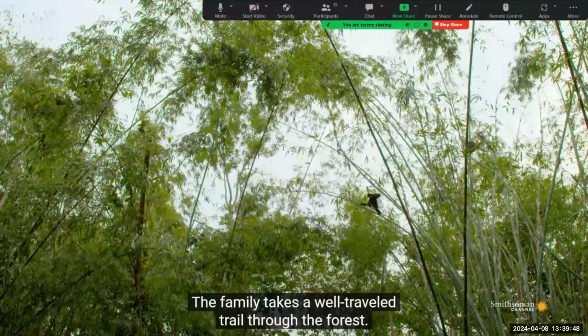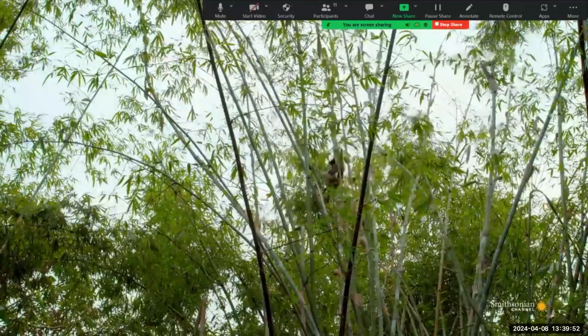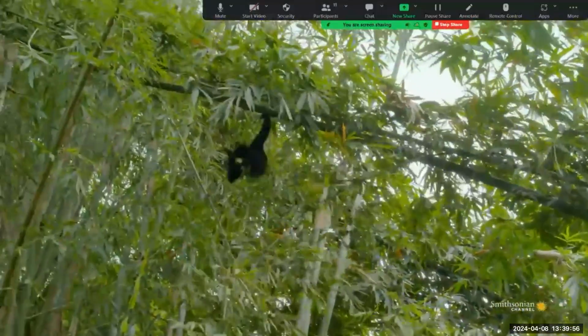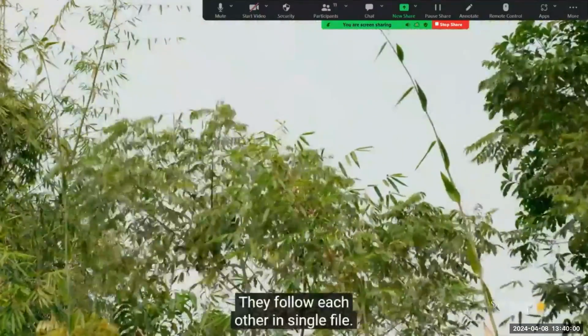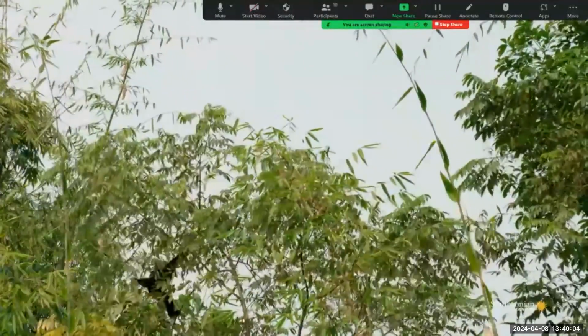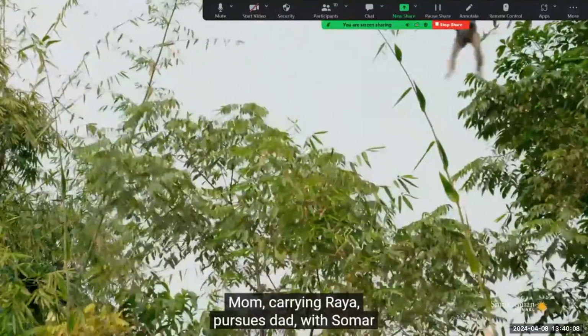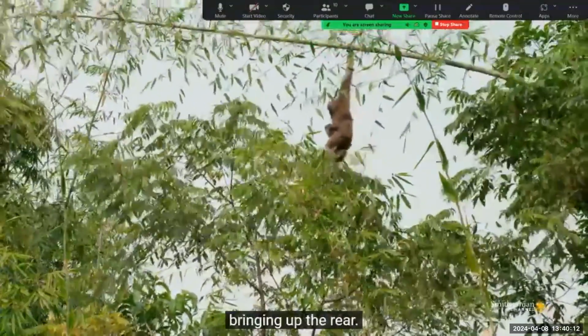The family takes a well-traveled trail through the forest. They follow each other in single file. Mom, carrying Raya, pursues Dad, with Samar bringing up the rear.